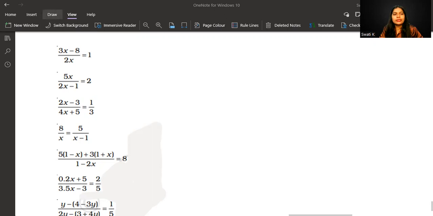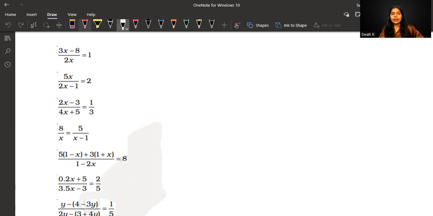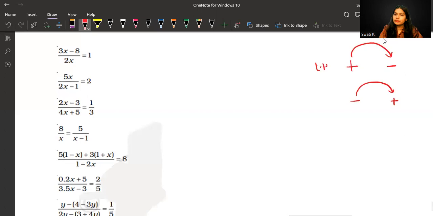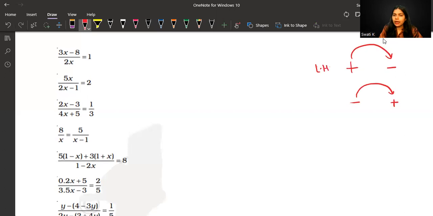So let's start with the video and let me explain some rules here. The very first rule is, if you are shifting plus to the other side, it will become minus. If you're shifting minus to the other side, it will become plus. What I mean by shifting from one side to the other is very simple. You are shifting from LHS to RHS. This is the LHS and this is the RHS.